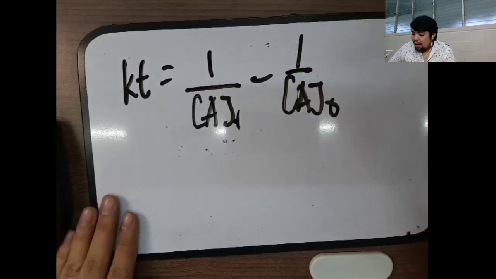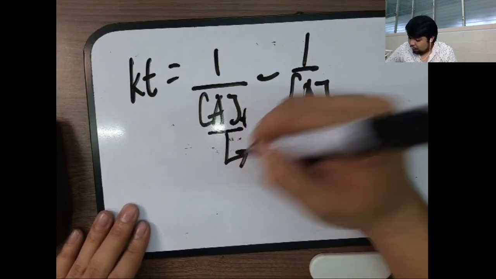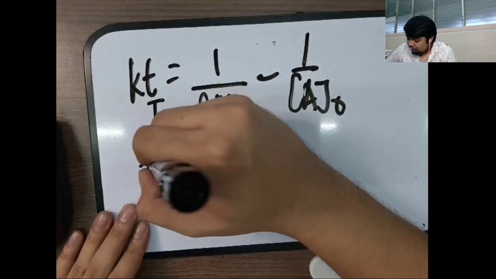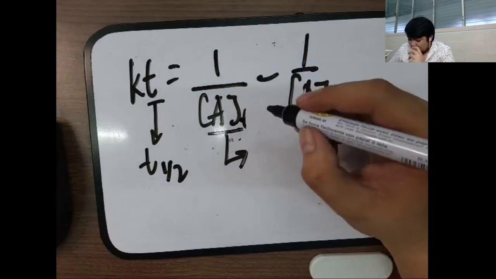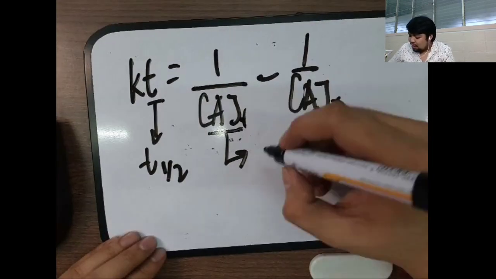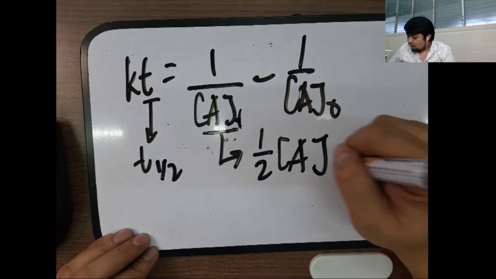Now, for half-life, if t is your half-life, then the concentration of the reactant at time t will be 1/2 of its initial concentration.